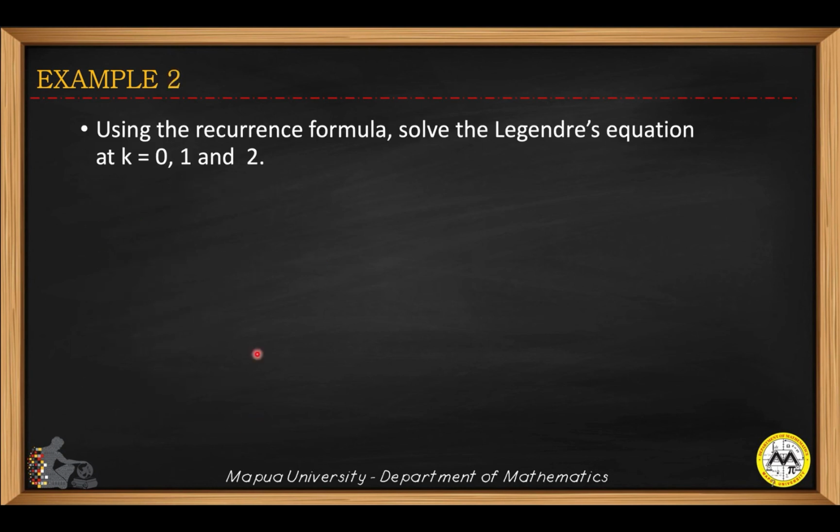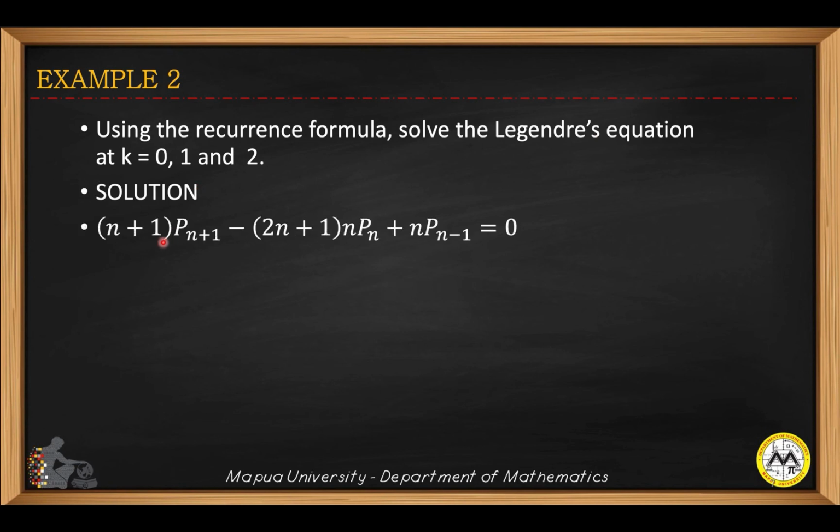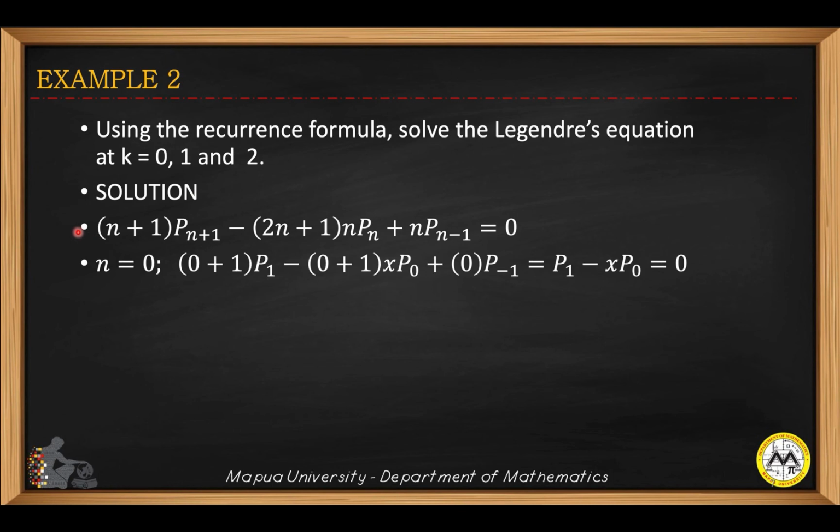Let's use the recurrence formula to solve the Legendre equation. We take n equals 0, n equals 1, and n equals 2. This is the recurrence formula. When n is equal to 0, we have 0 plus 1, so we have P sub 1 here, minus x times P sub 0 plus the n term, which is 0, so everything else will be 0.